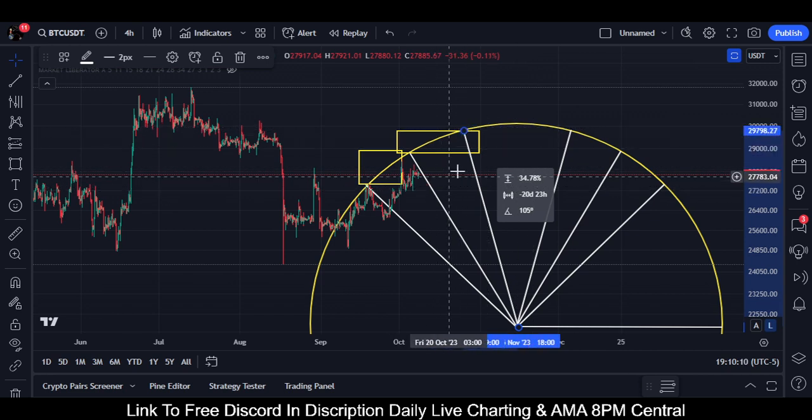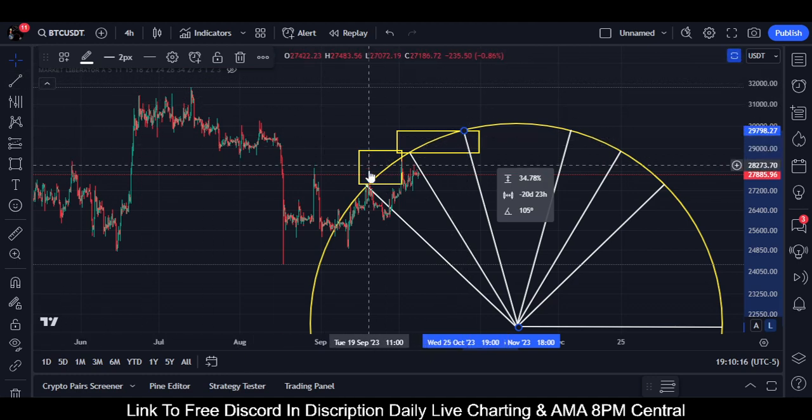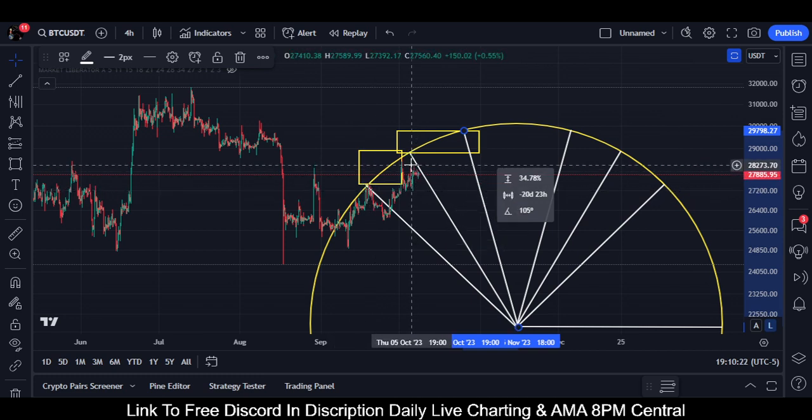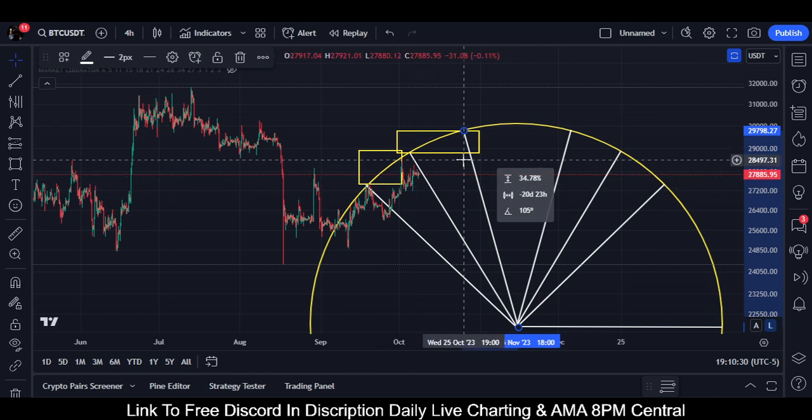And what I want to show with this now is the time aspect. Notice how right here we're right at the trend change. Right here we had a major change of trend. We came up and came right back down. When would our next major change of trend be?